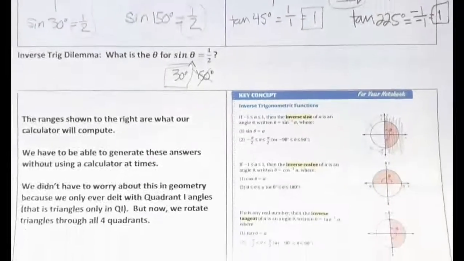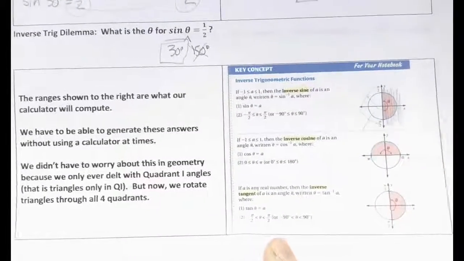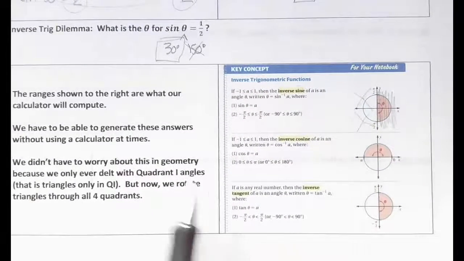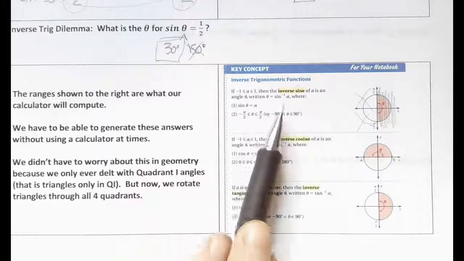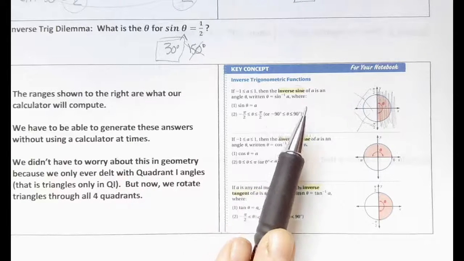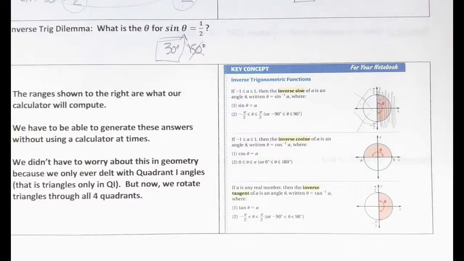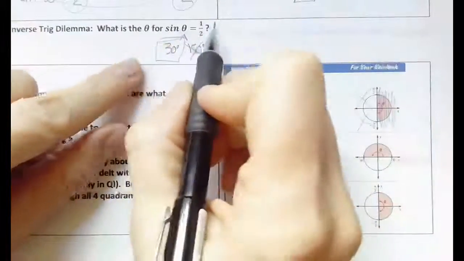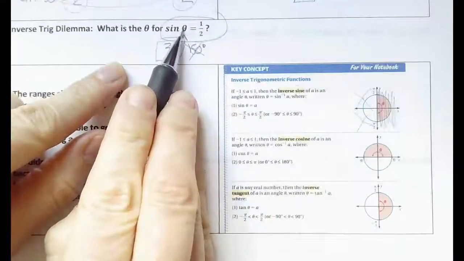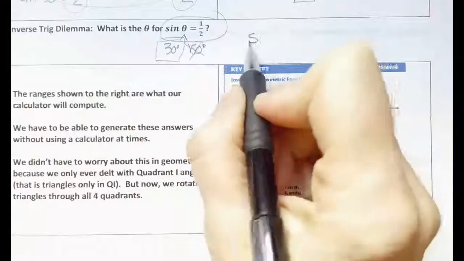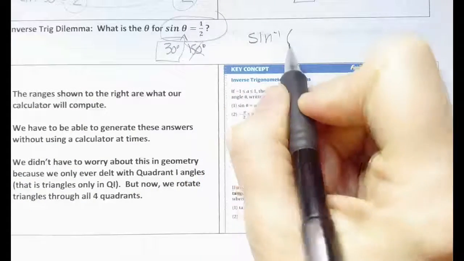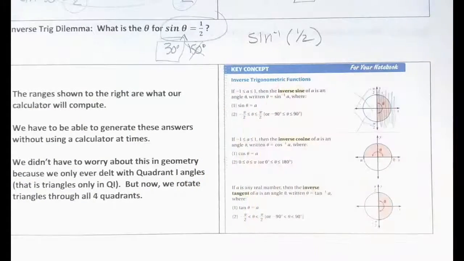These ranges are what our calculator gives. If we plug this into our calculator, this is the range it would give. Remember, when I'm finding a theta, that means I'm doing inverse sine of 1/2.